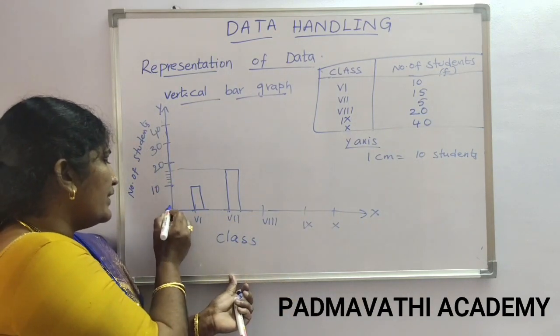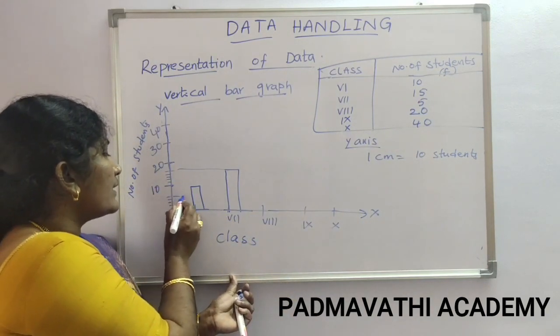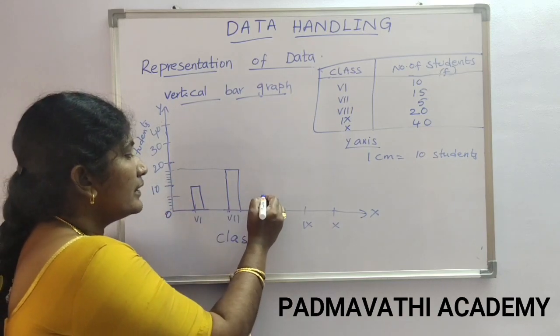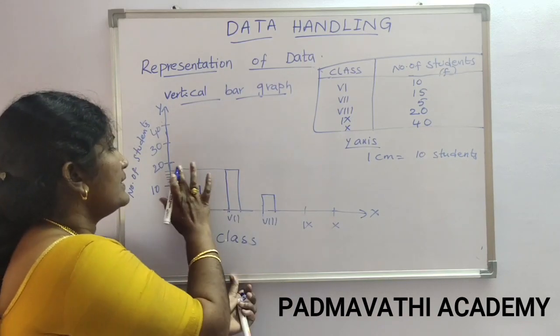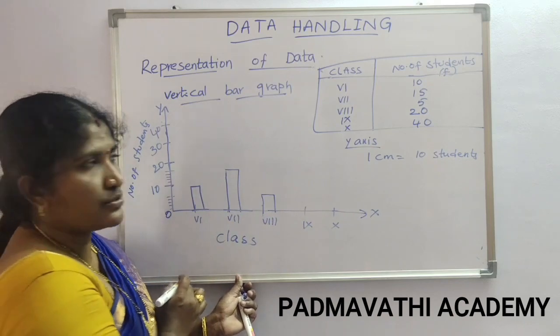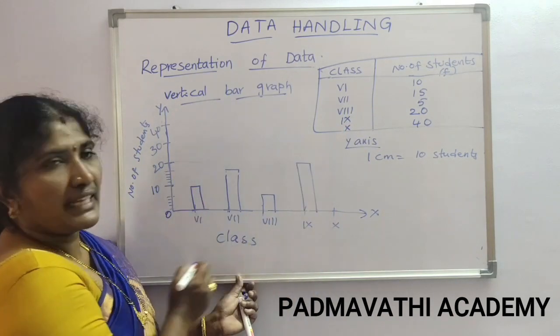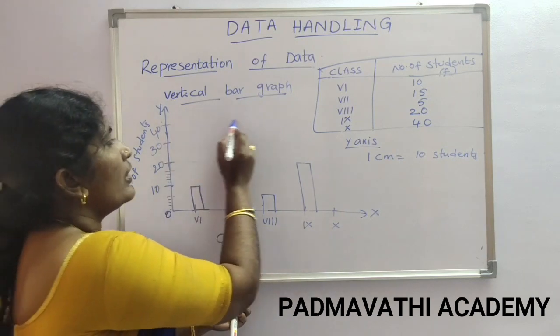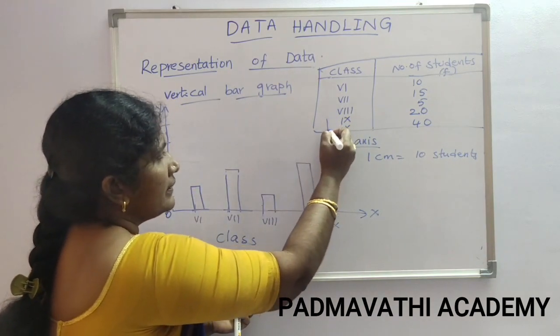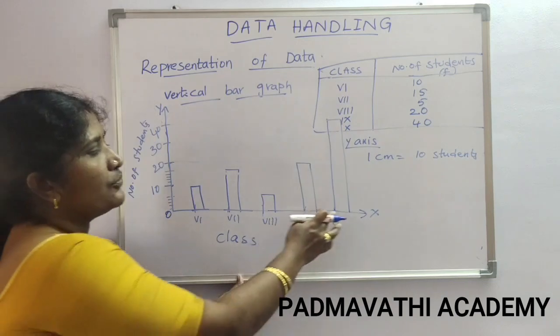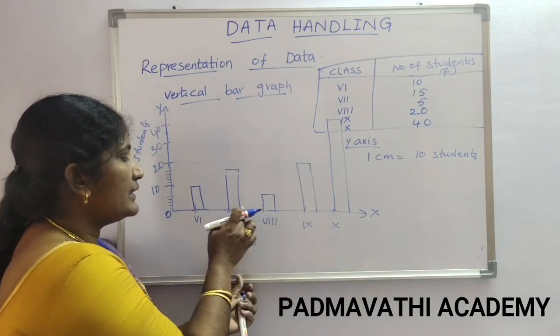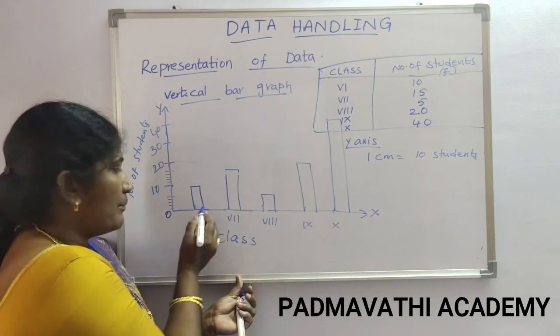Between 0 and 10 there are 10 lines, so the 5th line will come here. This is the representation for 8th class. Next 9th class 20, and next 10th class has 40 students. Here, one thing we have to observe: the width of the bars should be the same.